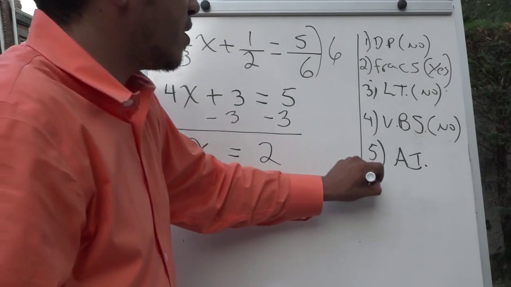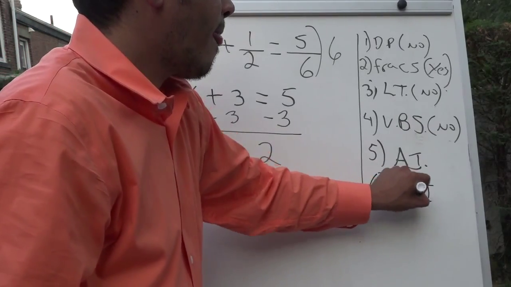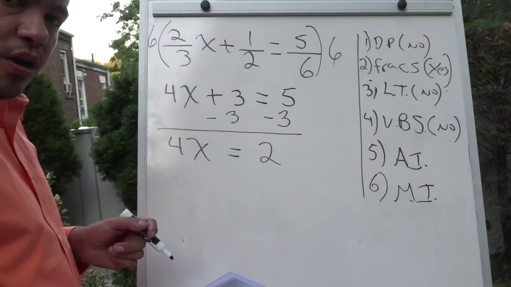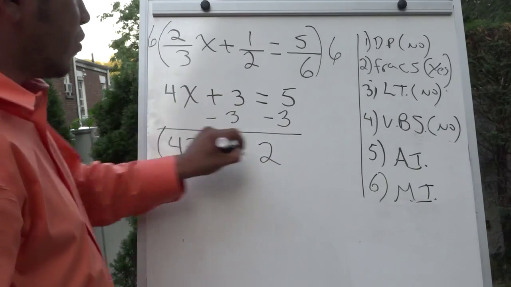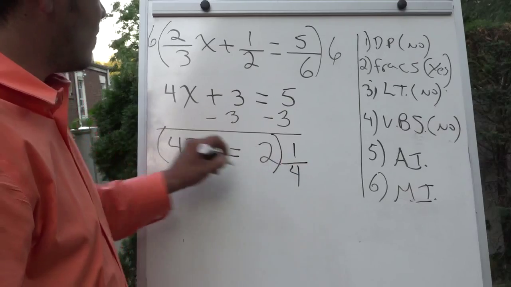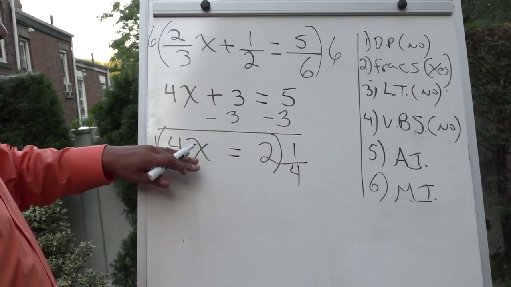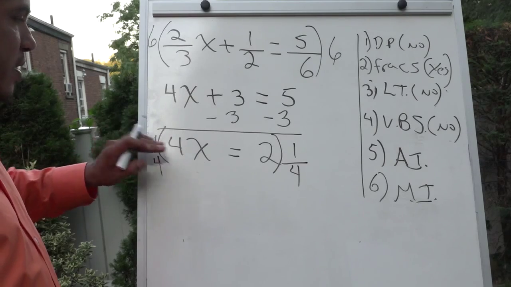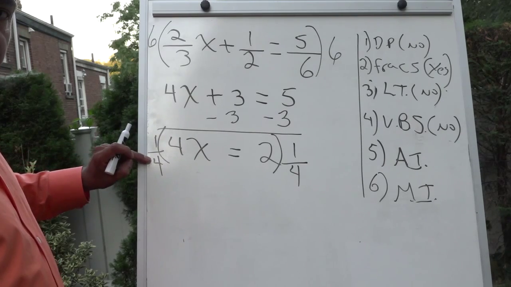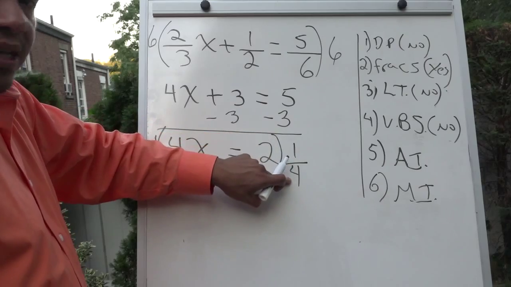Now I am going to use the multiplicative inverse, or reciprocal if you want to call it that. So I am going to multiply this by 1 over 4. Remember, when you are multiplying by a fraction, you are multiplying by the top and dividing by the bottom.